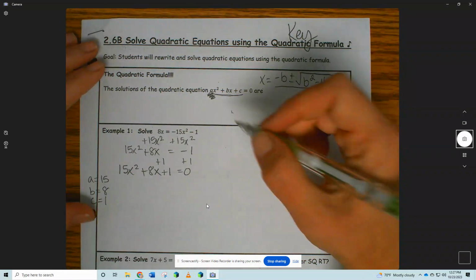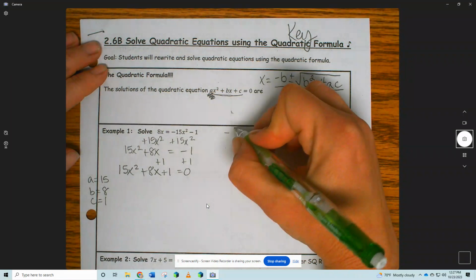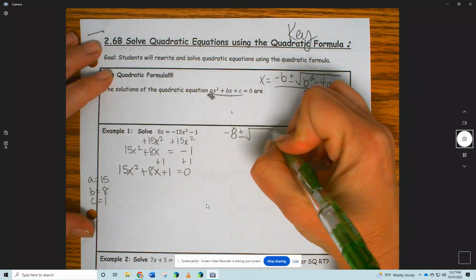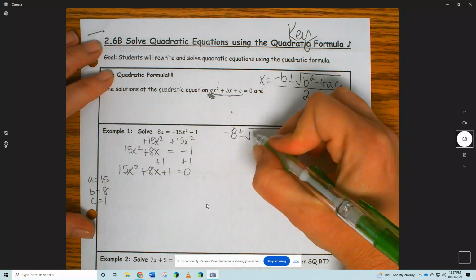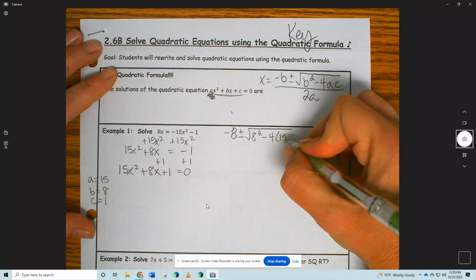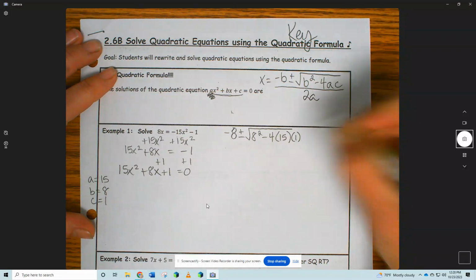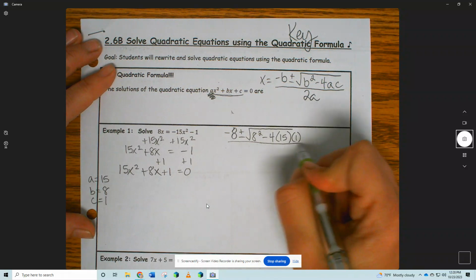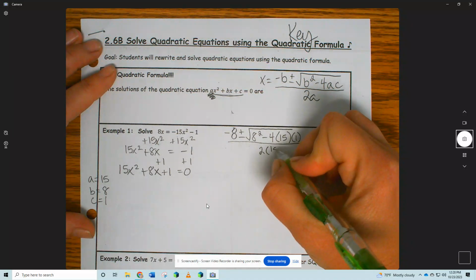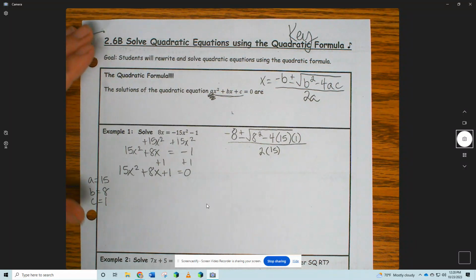And then I can do the quadratic formula. I'll need space, so I'm going to do it up here. Negative 8, negative b, plus or minus the square root of b squared, 8 squared, minus 4 times 15 times 1, 4ac, all over 2 times 15. Do you guys want to get your calculators?